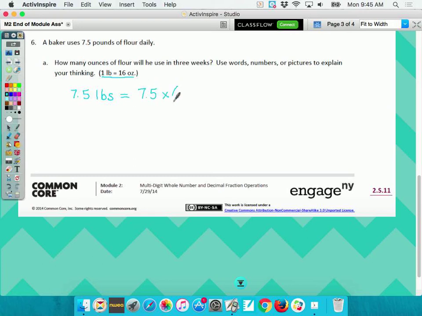So 7.5 times 1 pound. And this is how many equal signs? Okay, so the next one, I'm going to take 7.5 times what? 16 ounces. Then to figure out the answer to this, what do I have to do? Multiply. I'm going to have to use the standard algorithm. It's got 2 partial products. So you should be writing this down.